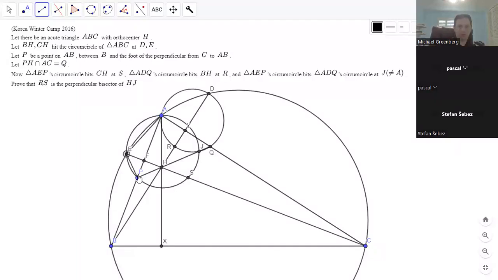We know APH is a kite, and we know ADQH is a kite. Is that enough to show these circles intersect on PQ? I think it is, because angle AJP is 180 minus AEP, which is 180 minus AHP, which is AHQ.